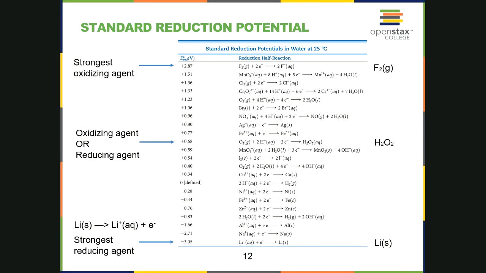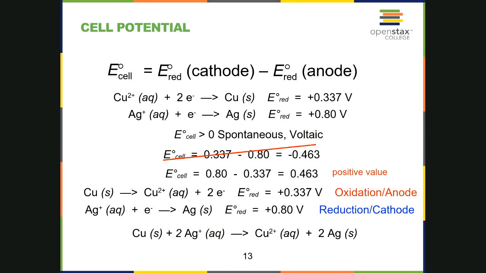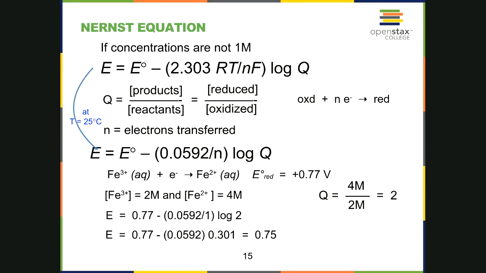And when you're doing a calculation, all your concentrations have to be 1 molar, and your cell's operating temperature needs to be 25 degrees C. If it's not, then we have to correct for that, and that's what our next slide is about, the Nernst equation. That's what you're going to do if your concentrations are not 1 molar.